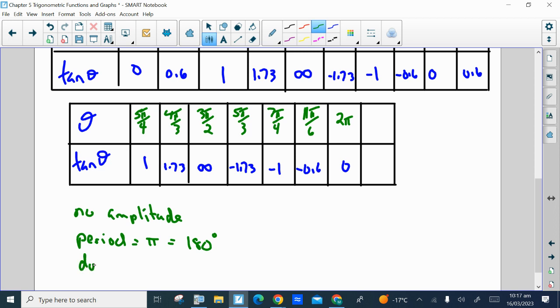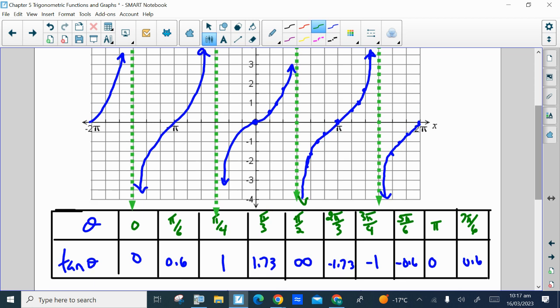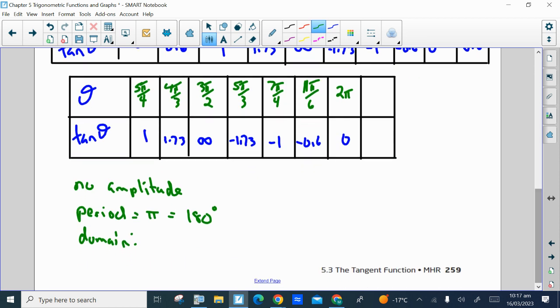Okay? The domain of this is also different. For sine and cos, the domain was all real numbers. But here we have the restrictions. We have our vertical asymptotes. The first one being at pi on 2, and then all the other ones are pi n radians from pi on 2.